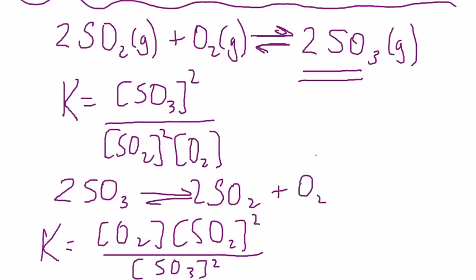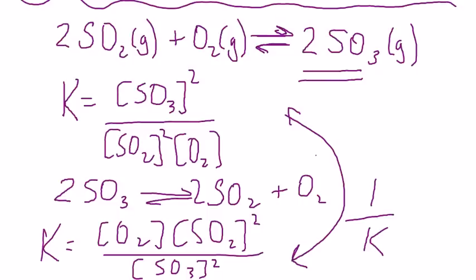When we look at these numbers, what becomes kind of obvious is that these are 1 over the other, to go from one direction to the other. If you actually think about plugging real numbers in, these are the reciprocal.